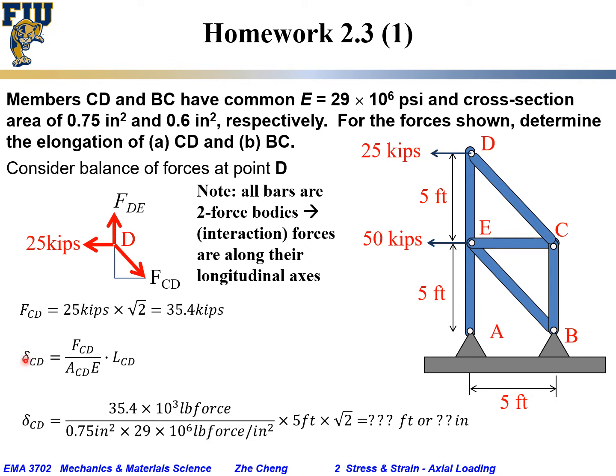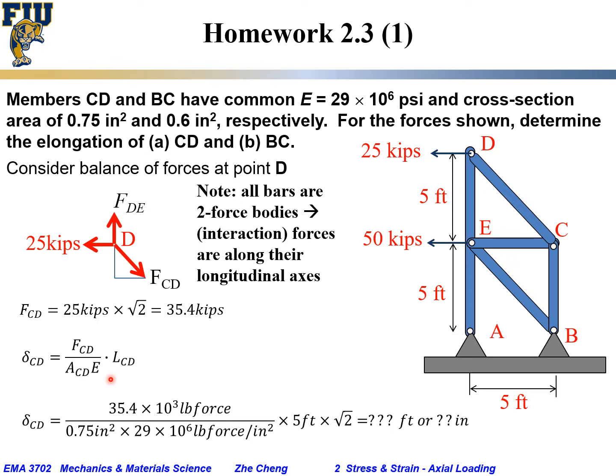Remember our equation, the delta would be FL over AE, or you can write it as F over A gives us stress, over E gives us the strain, times the initial length, LCD, gives us the absolute change in length.